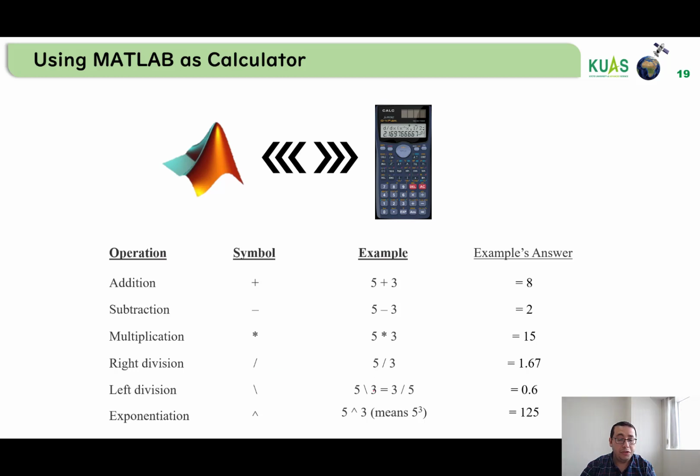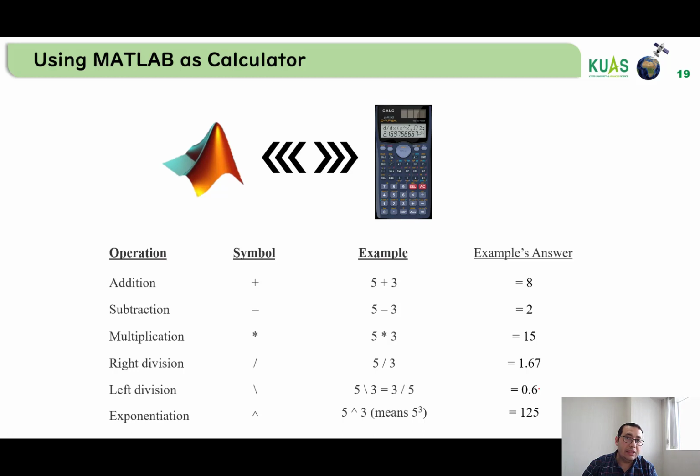If I say 5 divided by 3 with the left division, it is equal to 3 divided by 5 with the right division, the normal division. And the answer for both will be 0.6. This is sometimes important to solve some equations, as we are going to see in the future. But if you need a division, please use the right division.